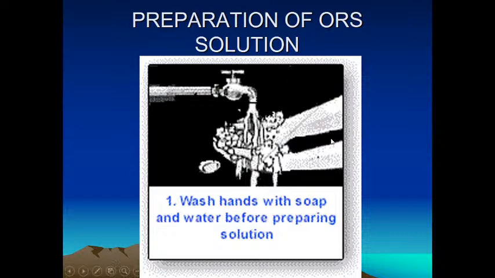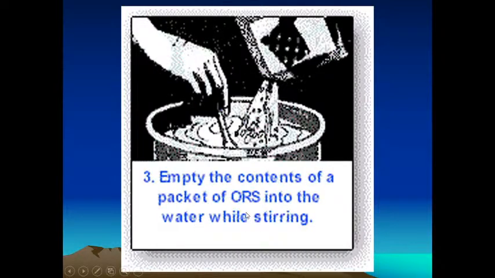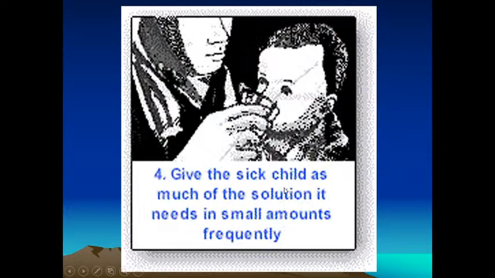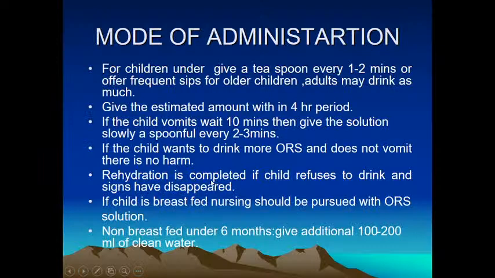Where we talked about this, wash the hands, take the water, boil it. Very important to boil it. Then mix the packet of the ORS and give it to the child. These are various things which are available with nutritionists which you can use for making the ORS. How do you give the ORS?